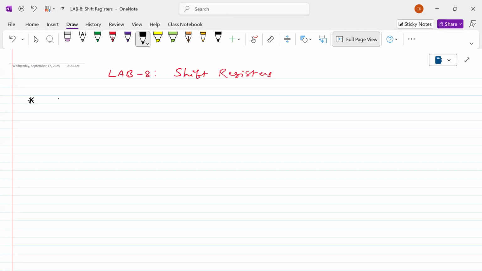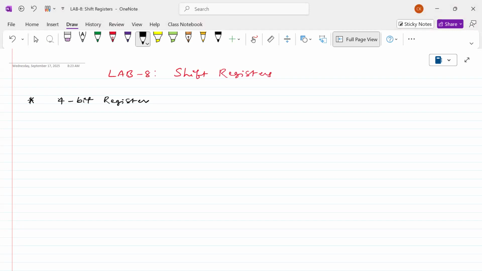We have already seen the 4-bit register. This 4-bit register is simply the parallel combination of flip-flops, just storing the data, nothing else here, right?